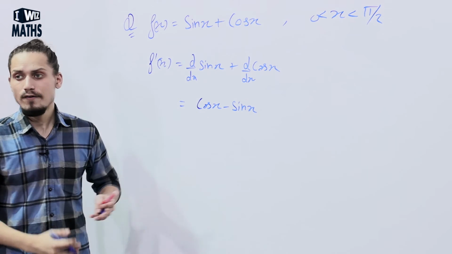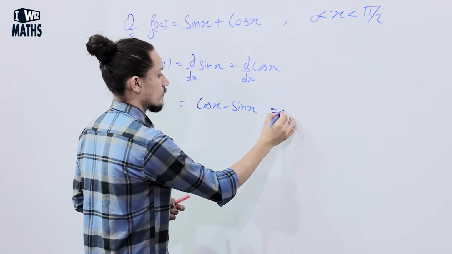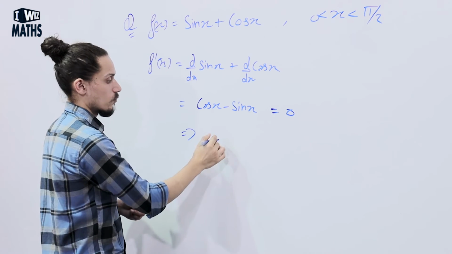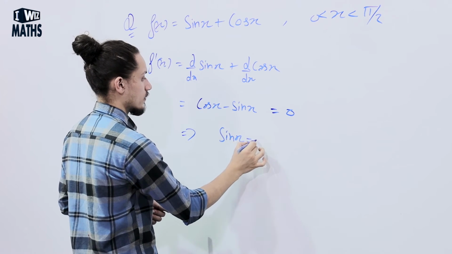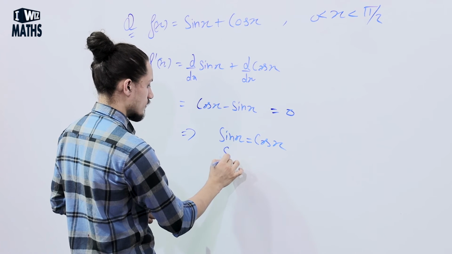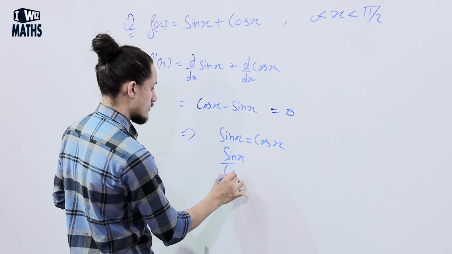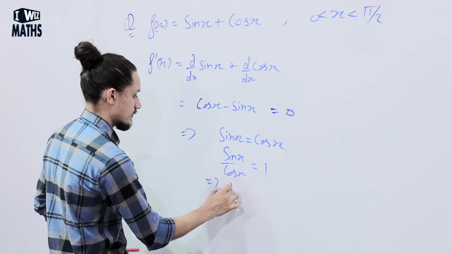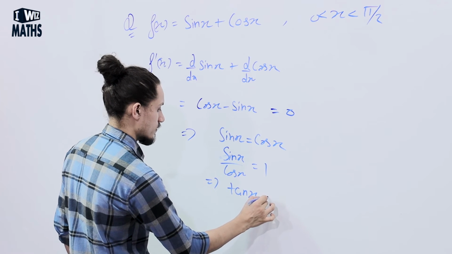Next, we have to put f dash x is equal to 0. It will be equal to 0 when sin x is equal to cos x, or sin x upon cos x is equal to 1, implies tangent x is equal to 1.